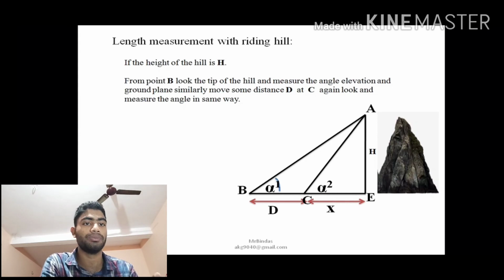After moving some distance d to point C, again we observe the tip of the mountain and measure the angle, alpha 2. It means once you have alpha 1, alpha 2 and the distance d, you can calculate the height of the mountain h and the distance x, the distance between the mountain and you. You simply put the trigonometric formula I told you in the previous slide.